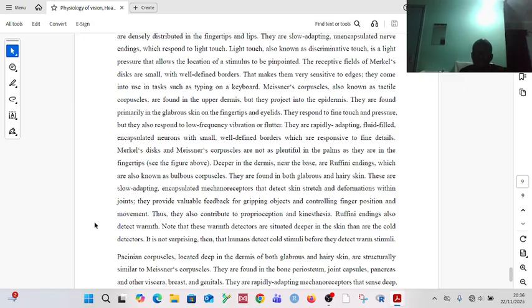So these Ruffini endings zenye ziko nao deeper, hiyo zina detect warmth. Okay, zina detect warmth. So because the Ruffini endings, which are responsible for detecting warmth, zinapatikana deeper into the skin, inamaanisha what can help to detect cold inapatikana nje, then what can help to detect warmth nayo inapatikana deeper.